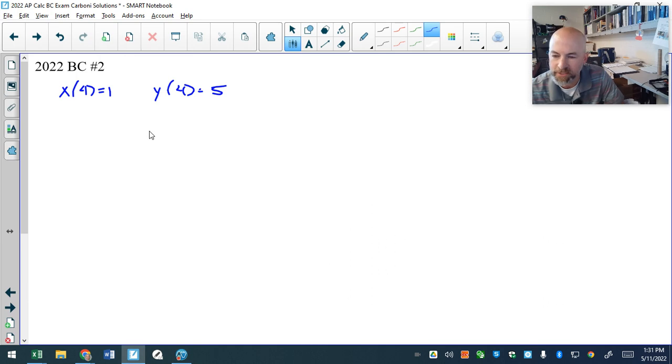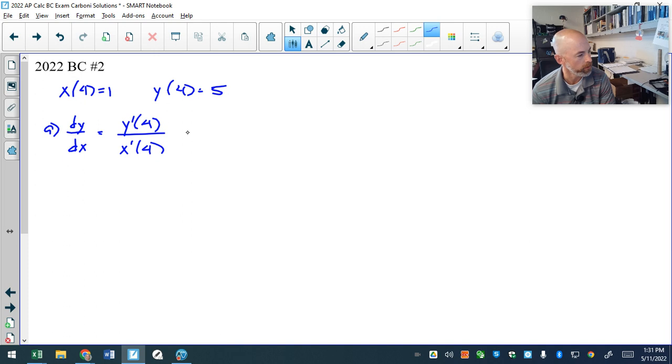So A, find the slope of the line tangent to the path of the particle at time t equals 4. That slope is always measured as a change in y over a change in x. How you get that change in y and change in x may change. If it's a parametrically defined motion, then that will be y prime at 4 over x prime at 4. I'm going to do that in the calculator in one big step.